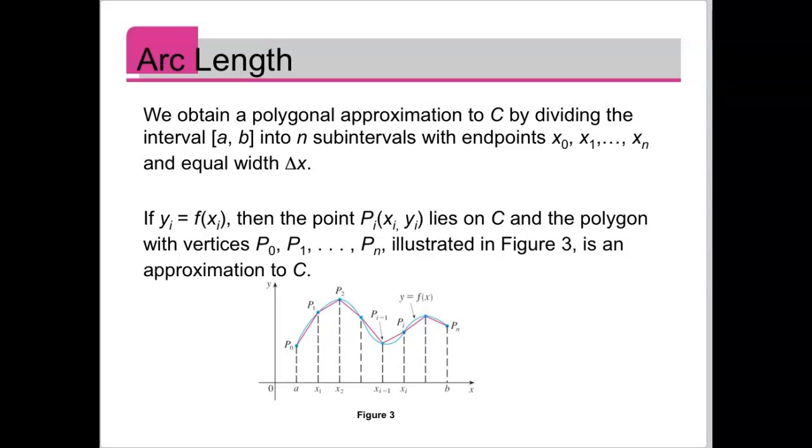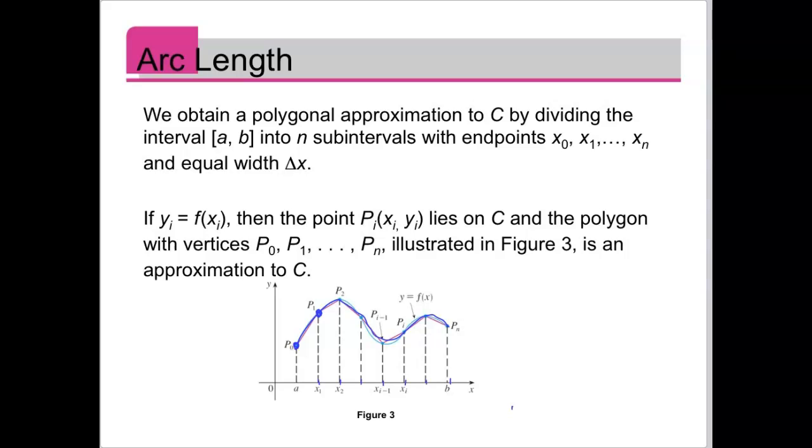All right, so here's the way we're going to deal with this. We're going to do the same thing that we did to find area, meaning we're going to start by breaking up the interval into some finite number of subintervals. And then we're going to find the y values of the curve at those subintervals.